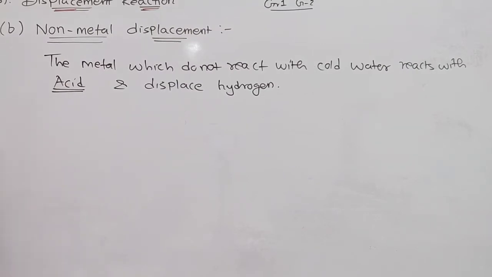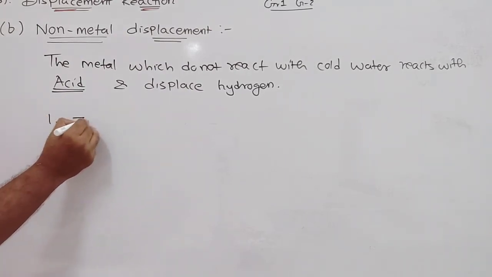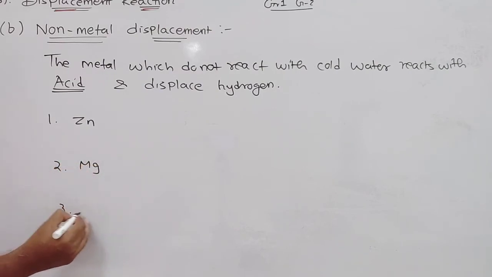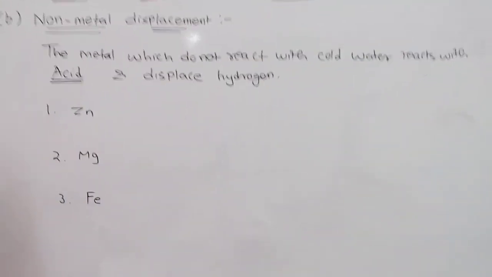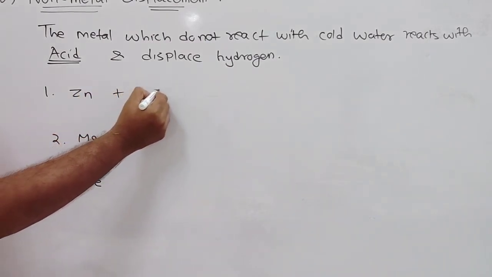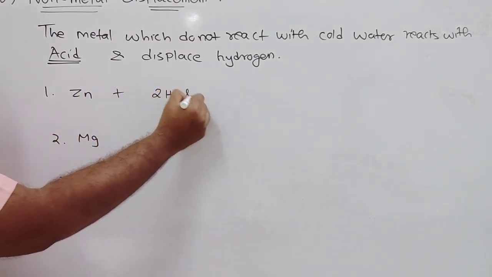Now, among the metals which do not react, the three metals I am going to discuss are: first, zinc; second, magnesium; and third, Fe. Understood? So when we talk about zinc, Zn plus 2HCl, right?